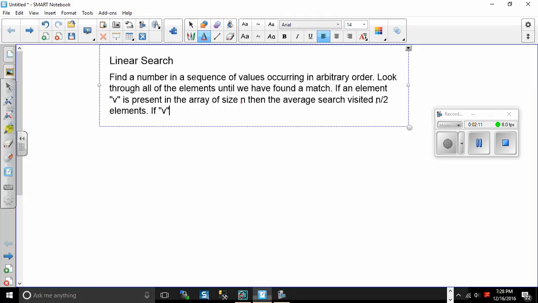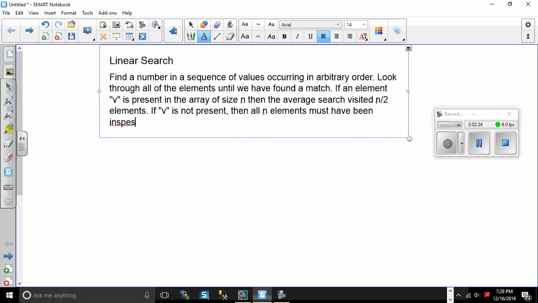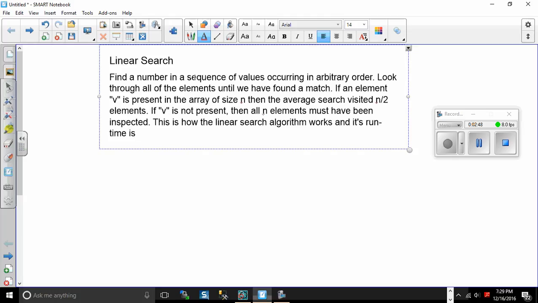If B is not present, then all n elements must have been inspected. So this is how the linear search algorithm works, and its runtime is Big O of n.